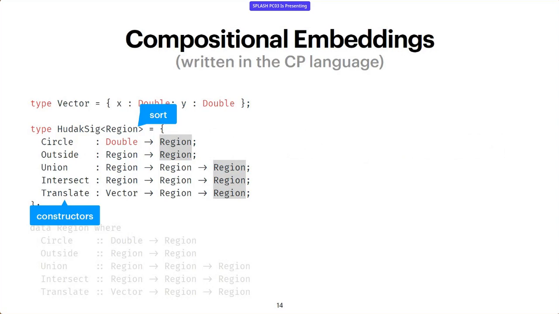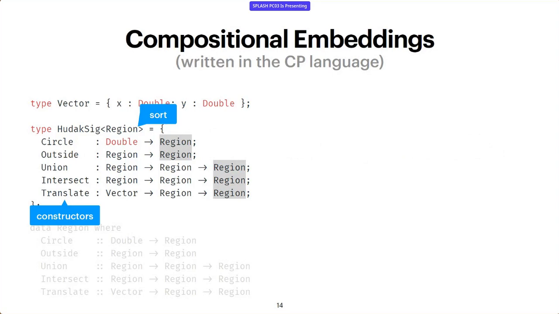Since CP is statically typed, we will first define an interface that declares all of the five constructors. The capitalized ones are constructors as before, and the interesting thing is the type parameter, which we call sort, and all of the constructors will return sort, as seen in the code.